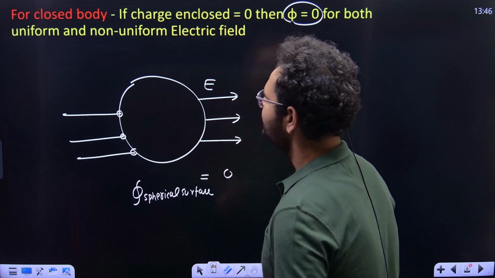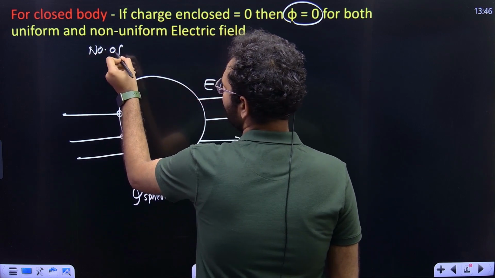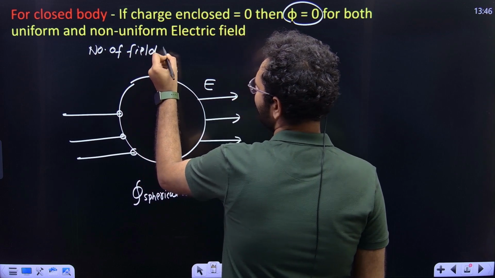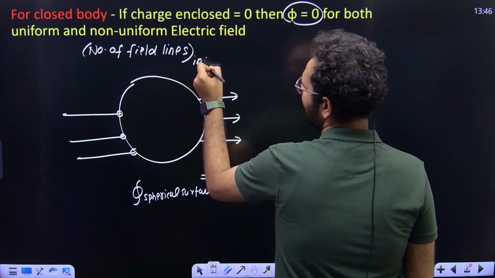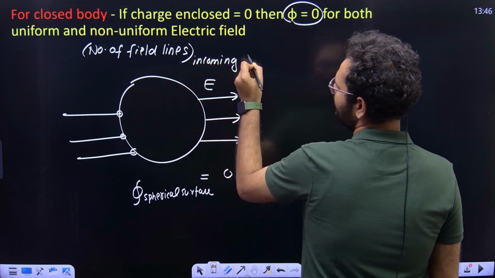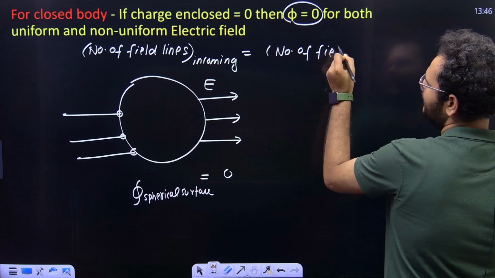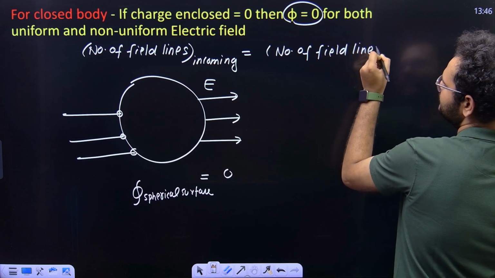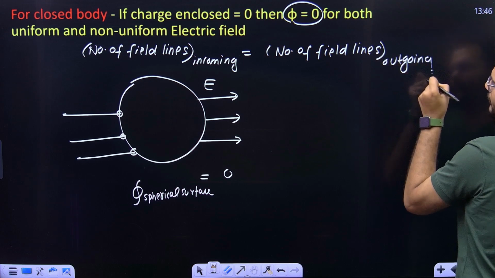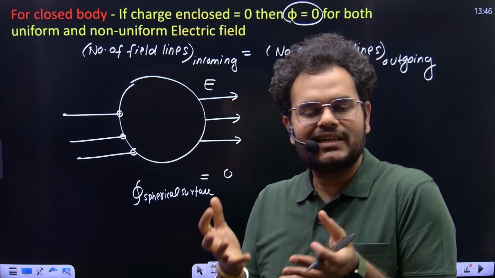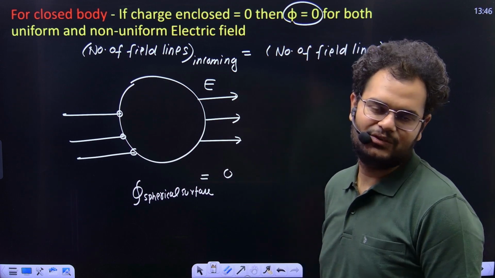Or you can also say that the number of field lines incoming is equal to the number of field lines outgoing. If the incoming and outgoing field lines are the same, then is flux 0? 100% it is 0. Are you getting it?